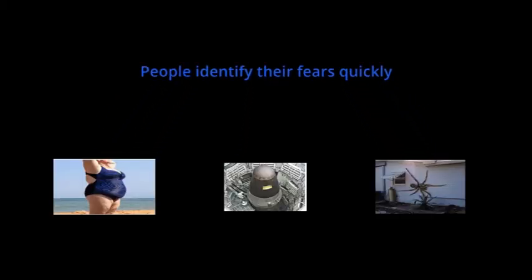People also identify fears very quickly. And in fact, people identify fears far quicker than pleasures. So you can use imagery which contains subjects of fear to certain categories of people, certain groups of people, and this will attract their attention very quickly.